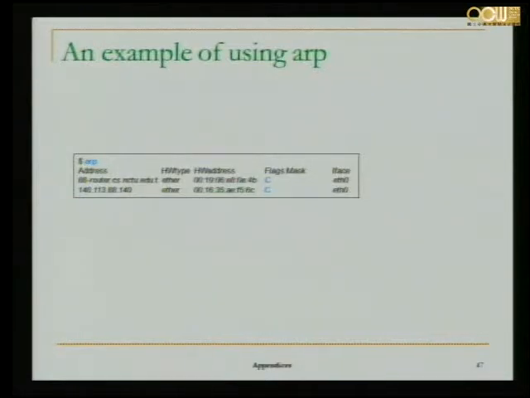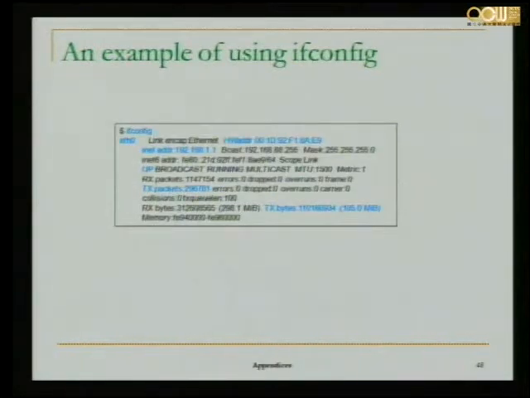Address Resolution Protocol. And ifconfig is to know who I am, what I have. To know this machine, you see the IP address and MAC address, the hardware address, and something else. So that's ifconfig.